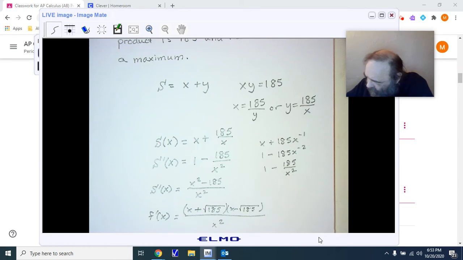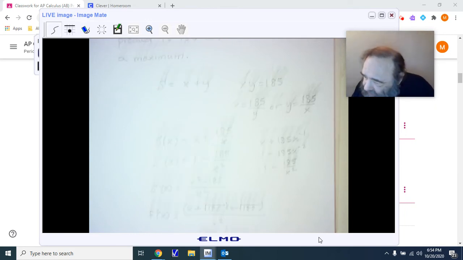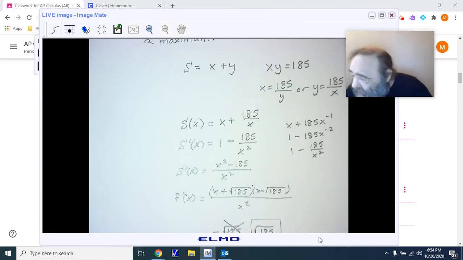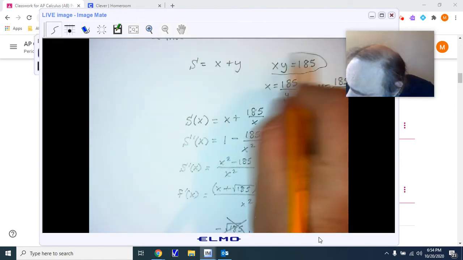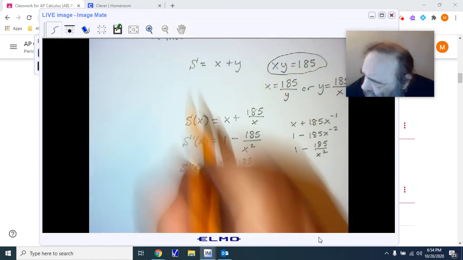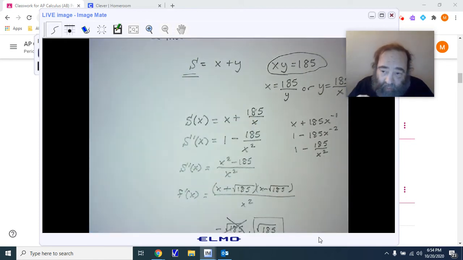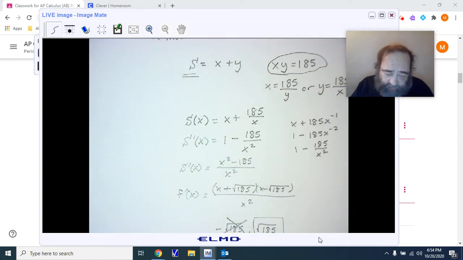And so I have the two positive values, and I would write that in a sentence. So please be aware, you would still write a sentence, and you have all your work here. So our linking equation is this one right here. It was given in the information, and whatever we are being asked to maximize or minimize is what we are taking the derivative of. Let's take a look at another example.